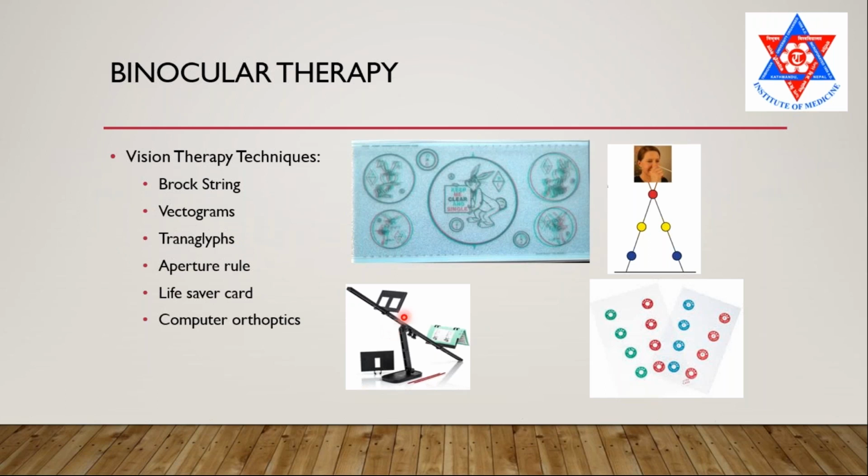Again, the aperture rule increases fusional vergence ranges, and then lifesaver cards and computer orthoptics. So basically, I have listed some of the basic binocular vision therapy techniques that we can use for improving binocularity in patients with amblyopia.